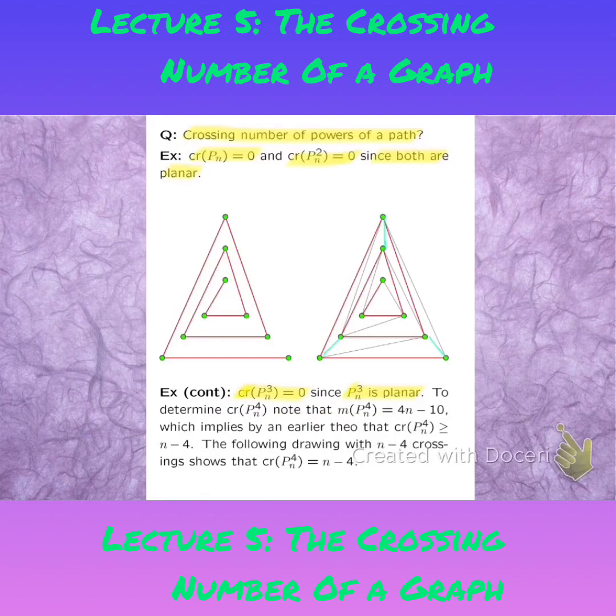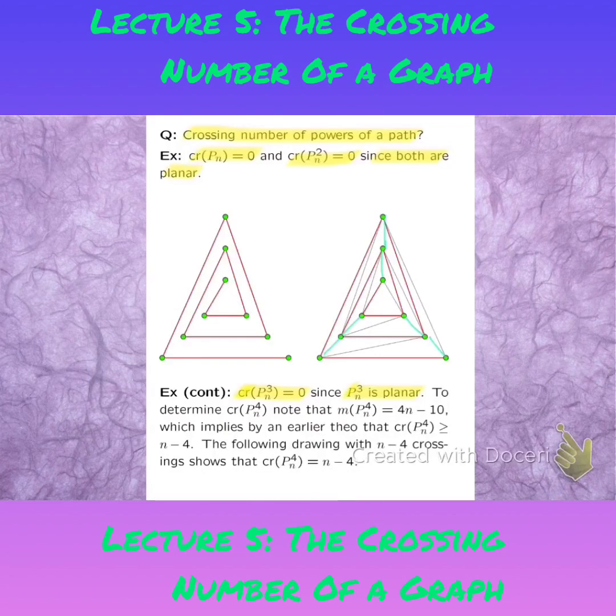This one you're going to join there. 1, 2, 3, and okay. All right, so there we've added all the possible edges, and that's still a planar graph, right? So P cubed is definitely planar as well, so it has a 0 crossing number.